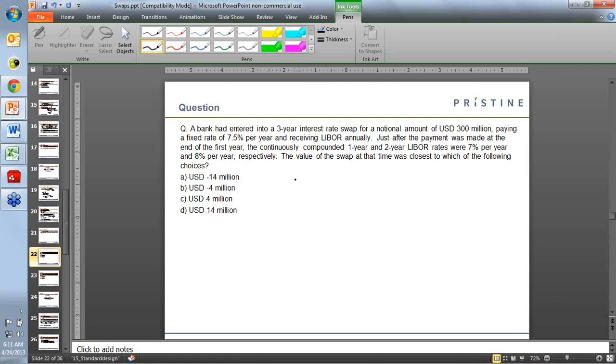What is happening here is that the bank has a cash outflow at the rate of 7.5% per year and a cash inflow of LIBOR.